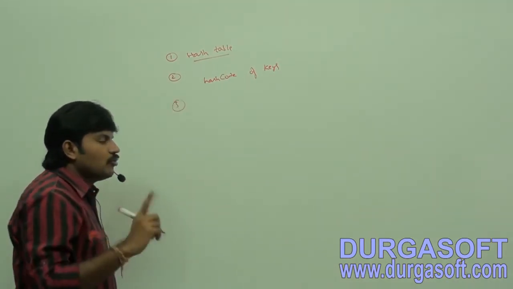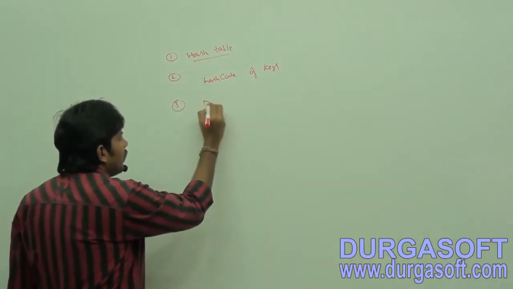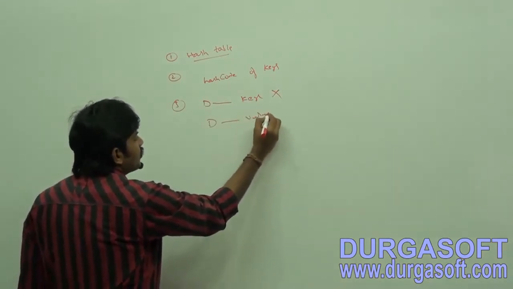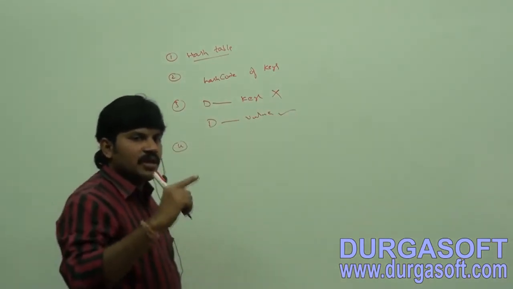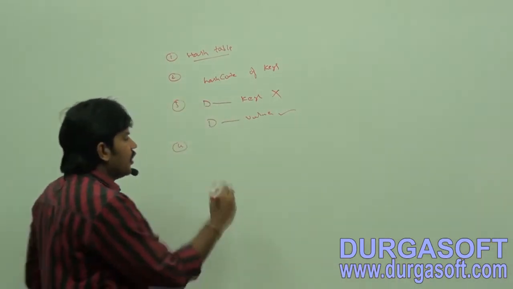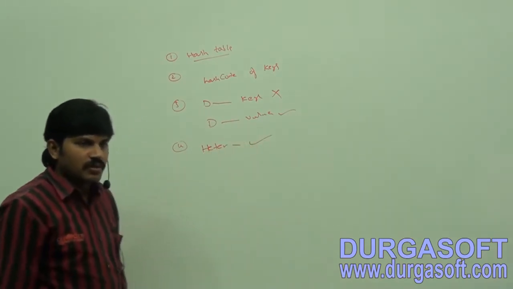Next, are duplicate keys allowed or not allowed? Duplicate keys are not allowed, but duplicate values are allowed, no problem at all. Next, for both the key and value we can use heterogeneous objects. Heterogeneous keys are allowed and heterogeneous values are also allowed.